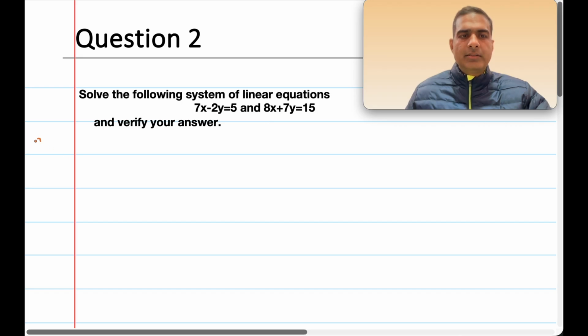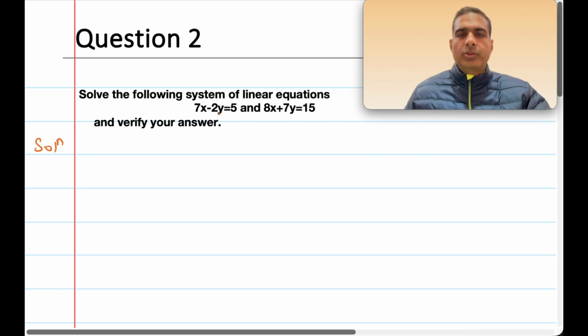So let's start. Now, if we analyze the equations, 7x minus 2y is equal to 5 and 8x plus 7y is equal to 15, we can make the coefficients of y equal in both the equations by finding the LCM of 2 and 7. The LCM of 2 and 7 is 14.